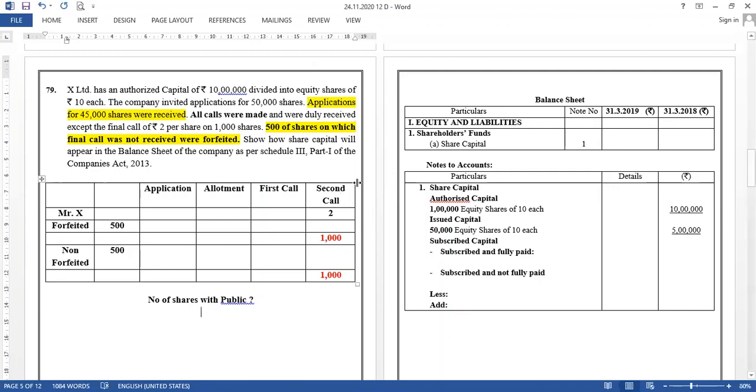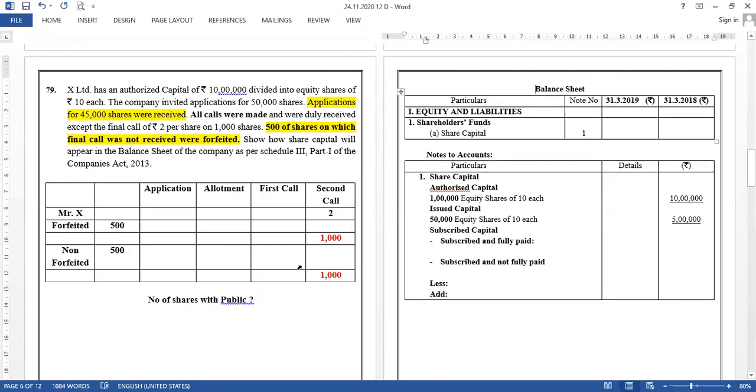Anyone else would like to correct this? 44,500. 44,500 कैसे? क्योंकि issued is 50, subscribed is 45, तो 45,000, right? उसमें से हमने forfeit कितना किया है? How many shares are forfeited? 500. तो 500 माइनस करो ना भाई. And वो reissue नहीं करा, तो 500 माइनस ही करके रखेंगे. तो 44,500 is the number of shares with public.